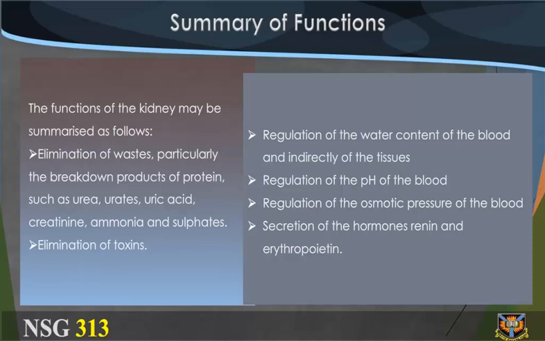Elimination of toxins, regulation of the water content of the blood and indirectly of the tissues, regulation of the pH of the body, regulation of the osmotic pressure of the blood, secretion of the hormones renin and erythropoietin.